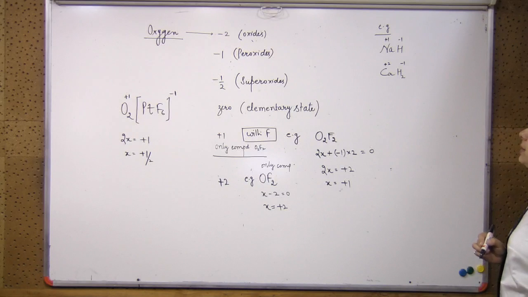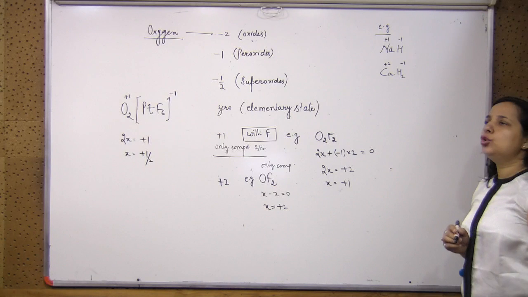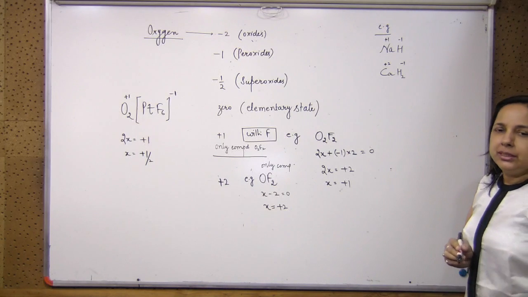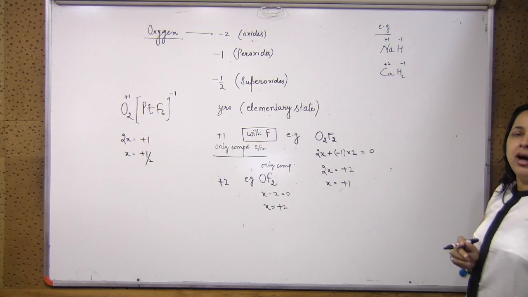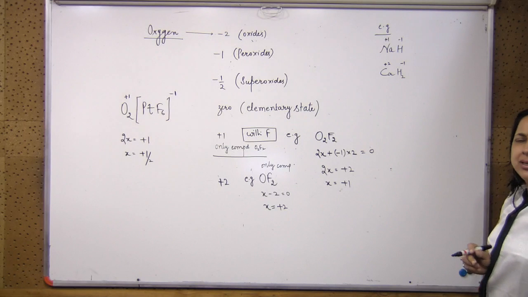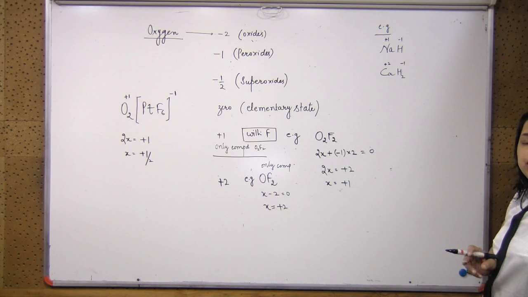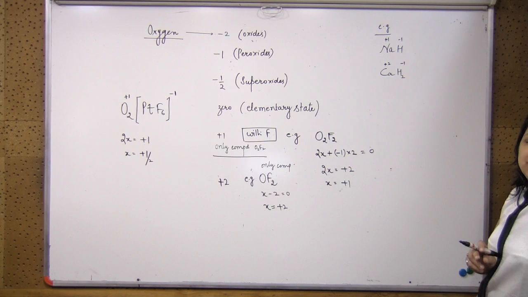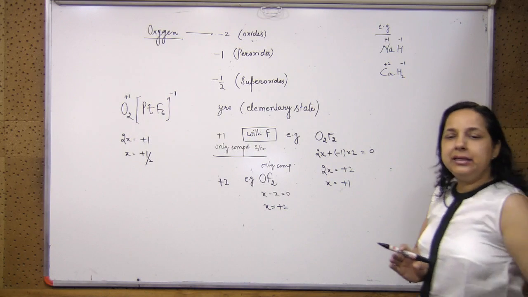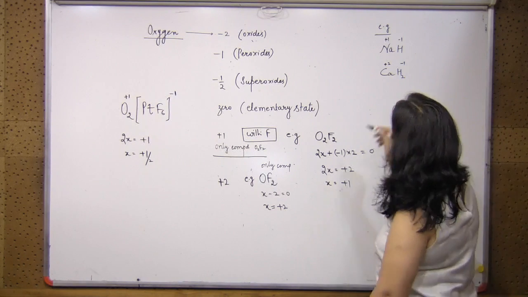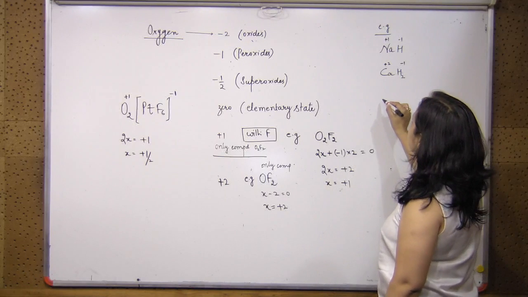It means alkali metals and alkaline earth metals, that is group 1 and group 2, are going to have a fixed oxidation number, and we have calculated hydrogen. The same rule we can use for oxygen. We will take the fixed oxidation number of one element, like alkali and alkaline earth metals, and find oxygen.